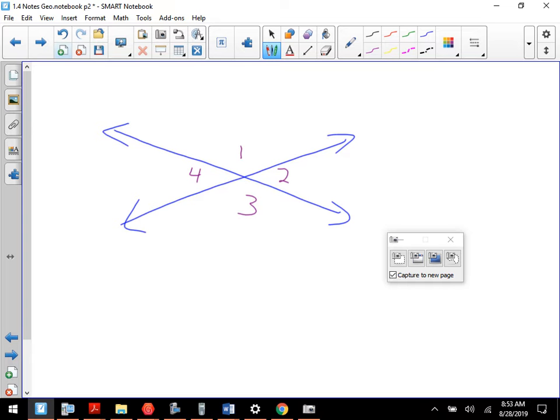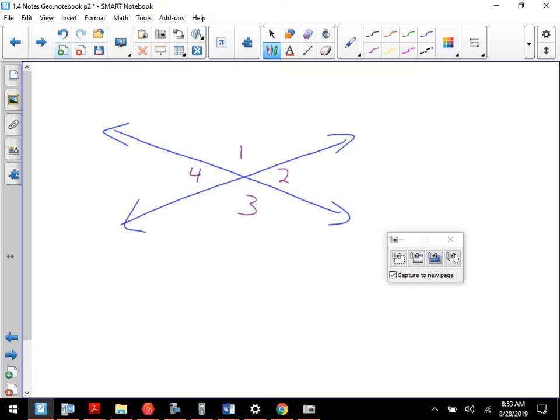Now, in terms of what we know about our three vocab words right now, one of these vocab words has the relationship between angles 1 and 2. What can you say by looking at angles 1 and 2? Which one of these three is the vocab of it?